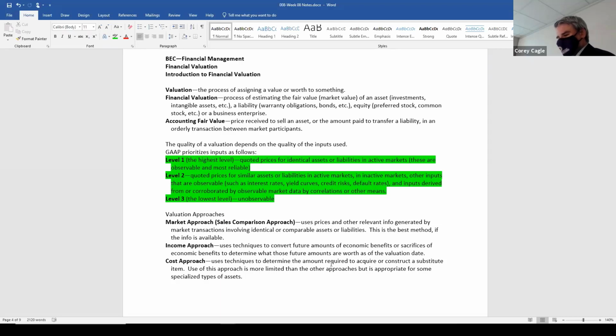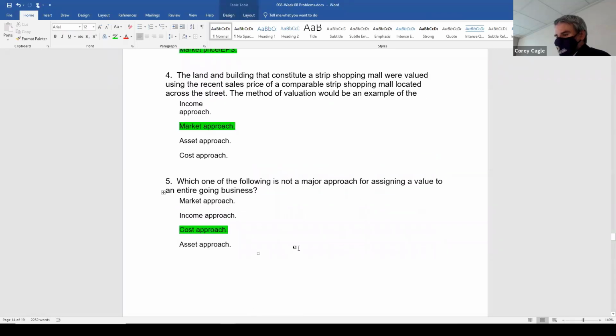So it's appropriate for very specialized types of assets. And there is no way to do market approaches or things like that. But down here, with this one, we're talking about valuing a business. So that wouldn't make sense. There's no cost approach to valuing a business.